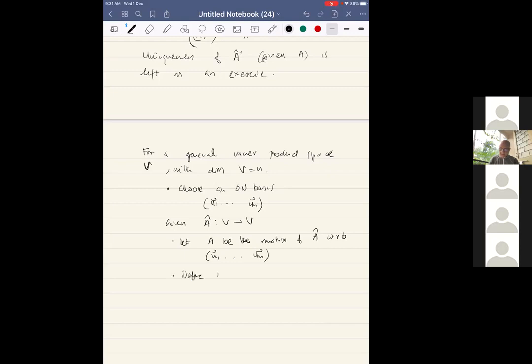Define A hat dagger by demanding that the matrix of A hat dagger is A transpose. Check that with this definition, A hat dagger W, V is W, A hat V for every V, W in V.